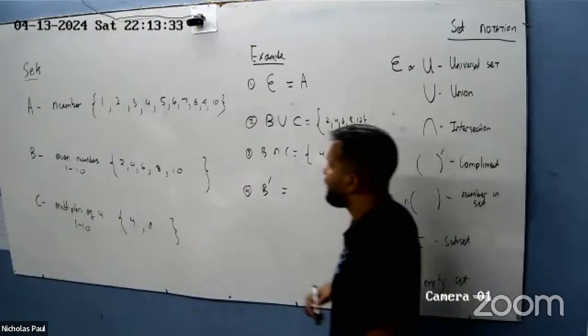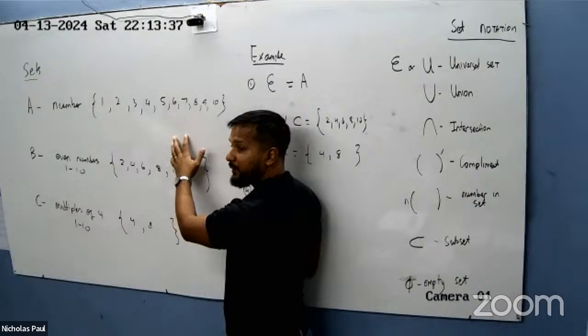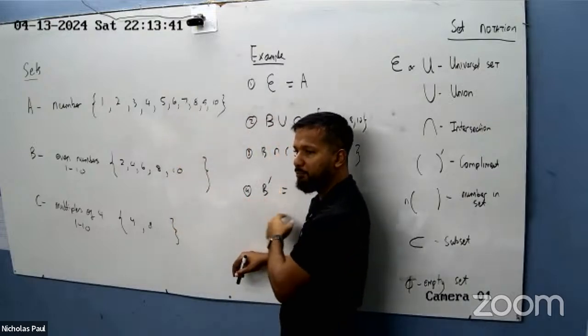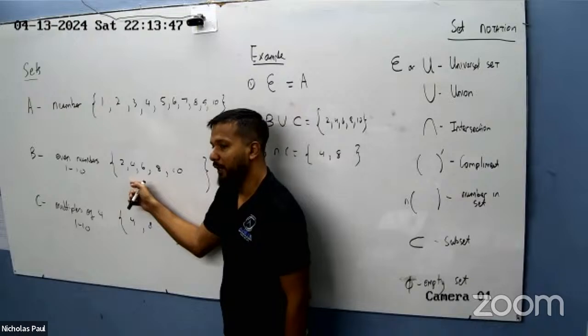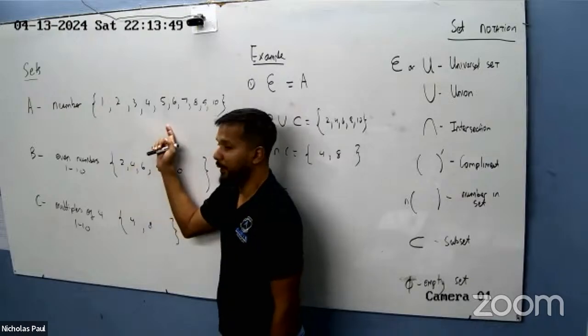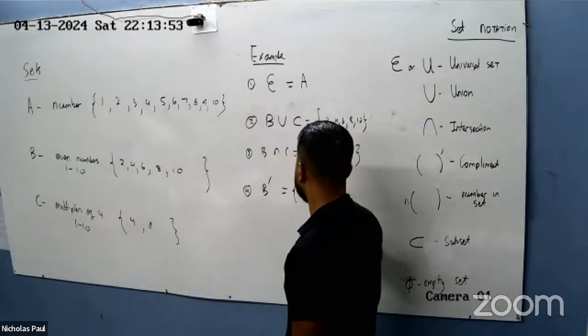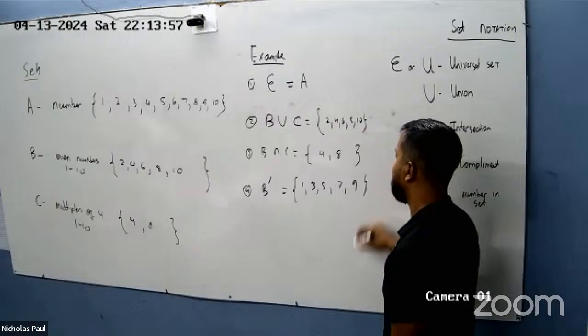All right. So what's the universal set now? Example here, right? So what is B complement? Jeremy, what do you think B complement is? All the elements that do not belong here, but belong here. 1, 3, 5, 7, 9. Nice.